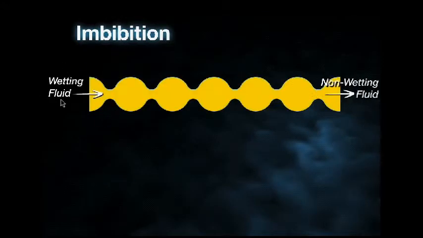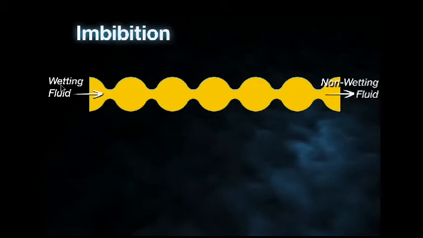We have wetting fluid all over here. So what we have here is a capillary tube that varies its radius. Okay, so we have one radius here, another one here. So the various radii here are different, small, larger.